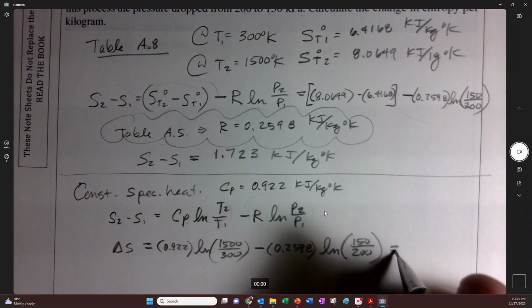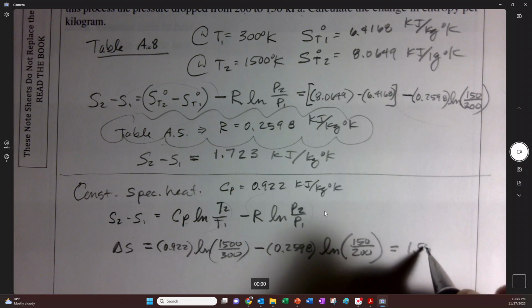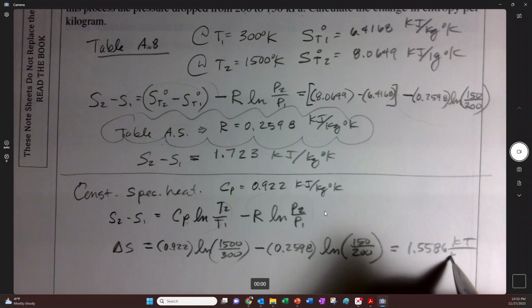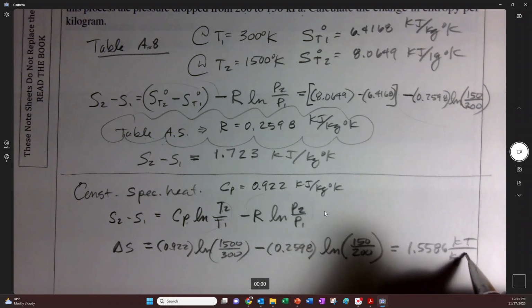And we get 1.5586 kilojoules per kilogram Kelvin.